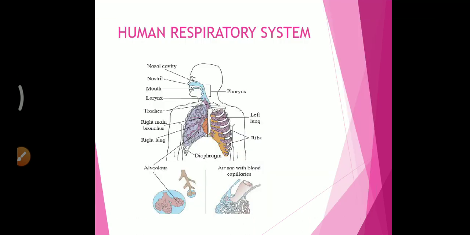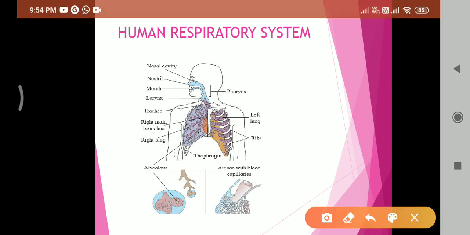So let's move on to the next one. Here is the human respiratory system, a very important slide. You can see here the human respiratory system. Which part is considered here?